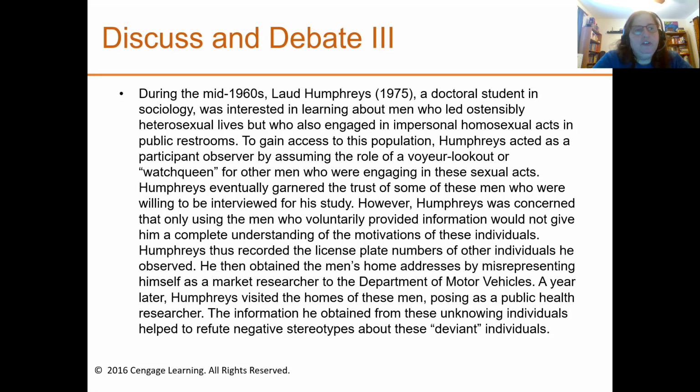However, Humphreys was concerned that only using the men who voluntarily provided information would not give him a complete understanding of the motivations of these individuals. Humphreys thus recorded the license plate numbers of other individuals he observed. He then obtained the men's home addresses by misrepresenting himself as a market researcher to the Department of Motor Vehicles.